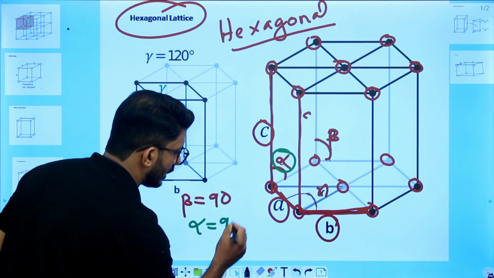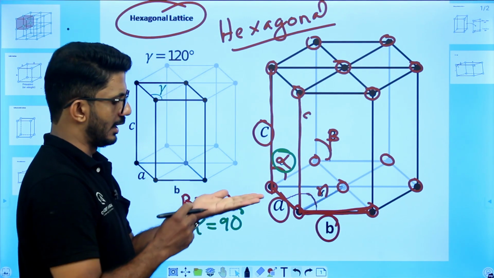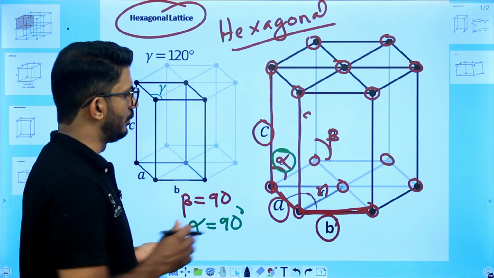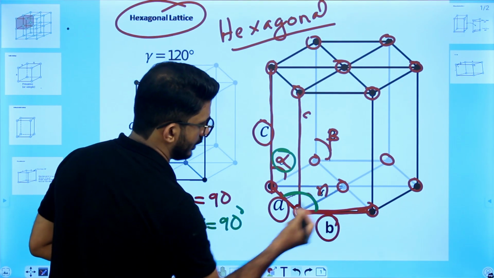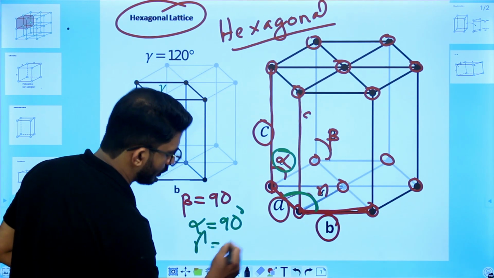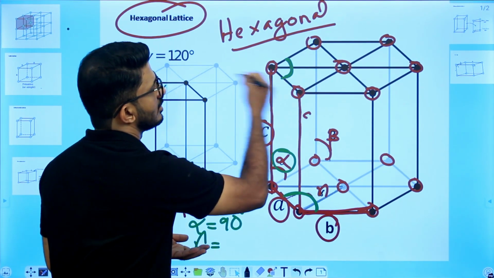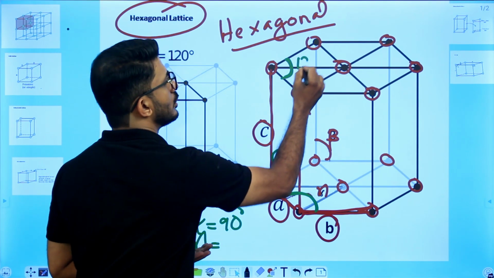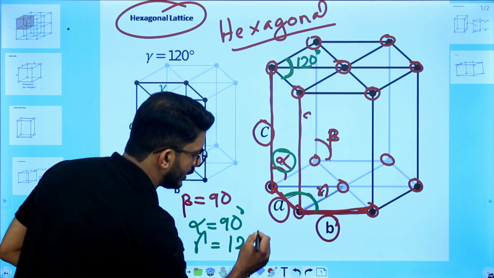Alpha is equal to 90 degree. Beta is equal to 90 degree. And what is the angle between A and B? That is gamma. What is this angle? That is 120 degree. The angle in a hexagon is 120 degree.